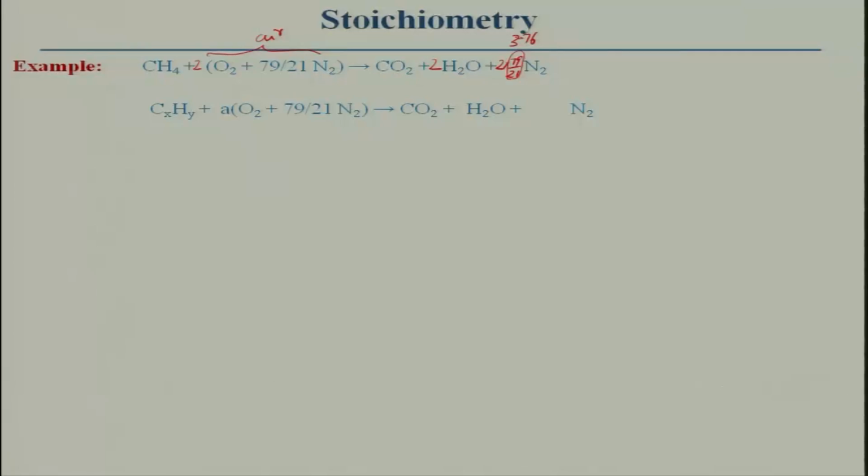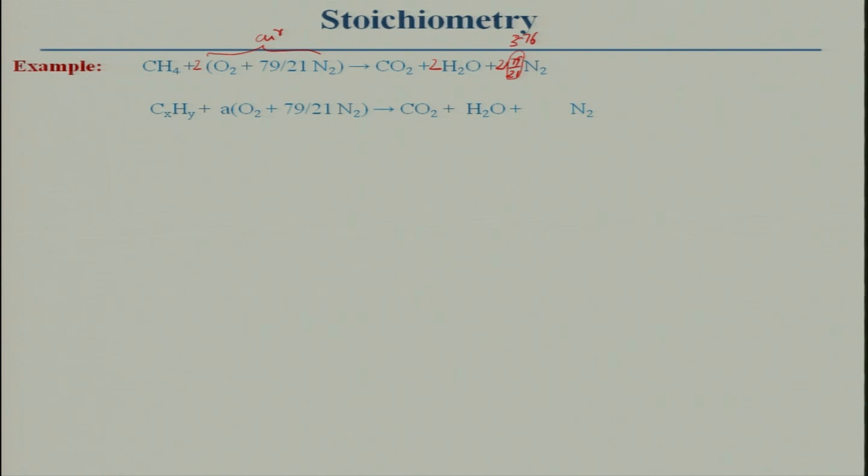For that, let us represent the hydrocarbon as CxHy. x can be 1 and y can be 4, that is methane. Similarly, x can be 2 and y can be some other number, that will be another hydrocarbon. So, how are we going to do this? It is done in a similar way.